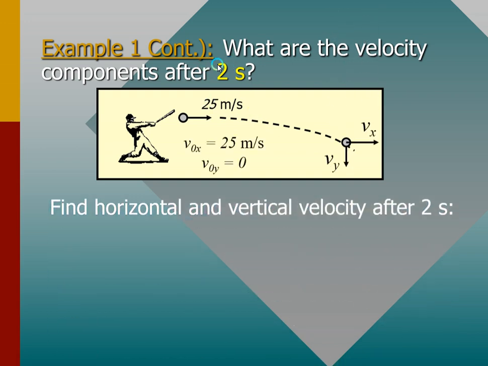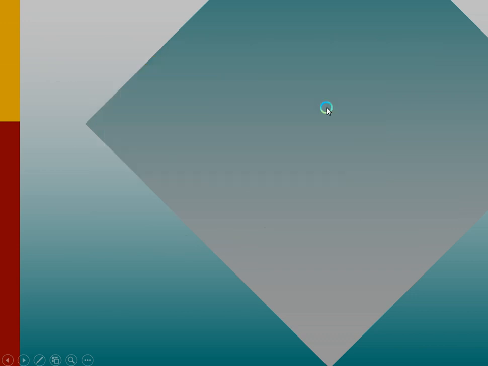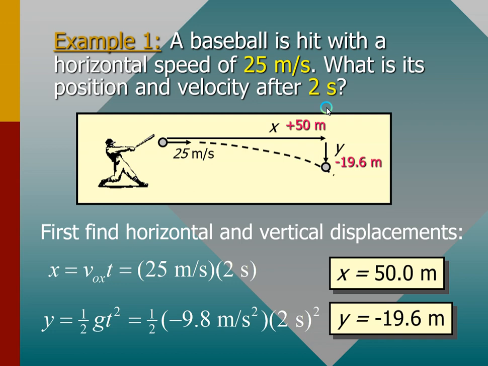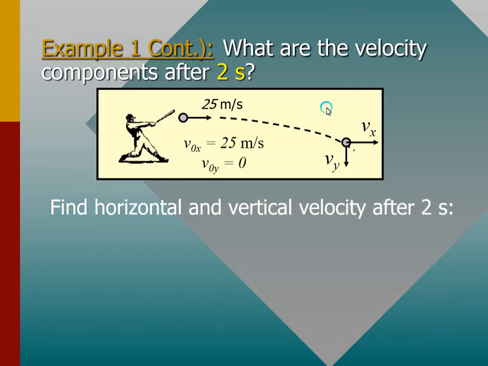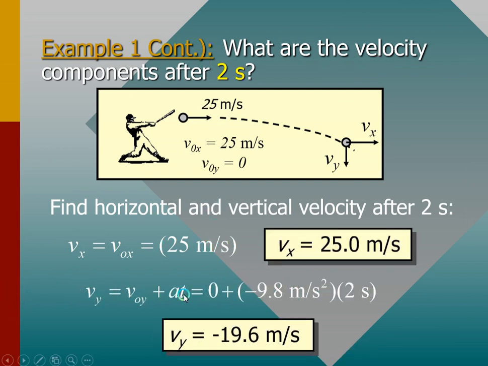Okay, for the horizontal and vertical velocity after 2 seconds, your VOX is still the same. Take note, your horizontal component does not change. Going back to our problem, next for your Vy, we have to consider the y component.